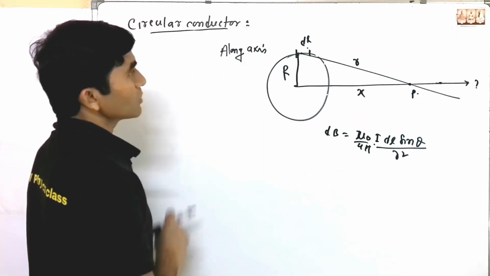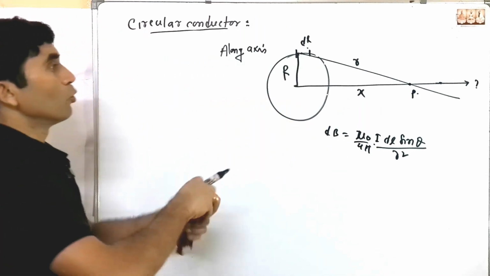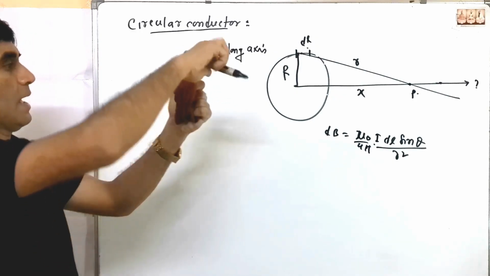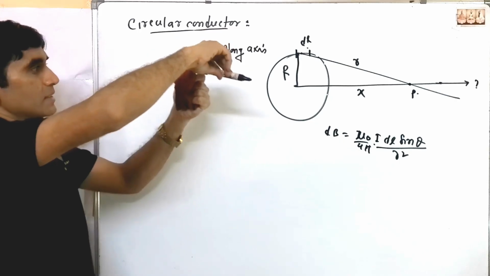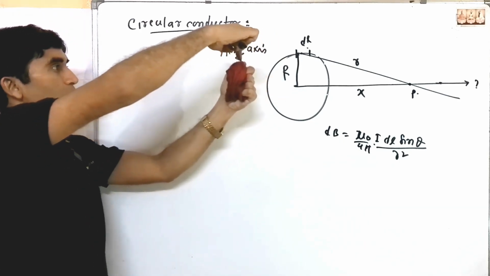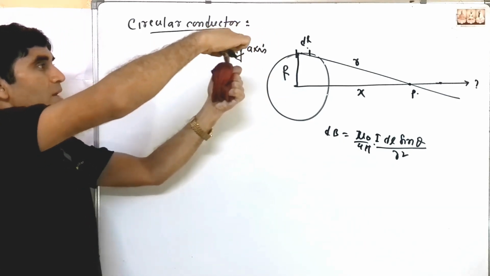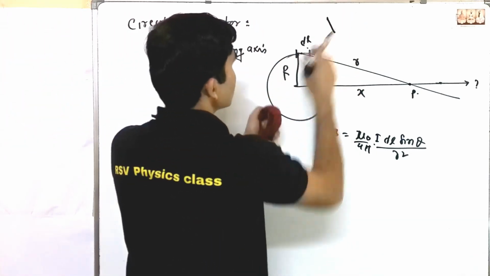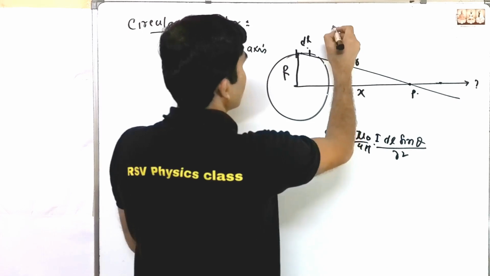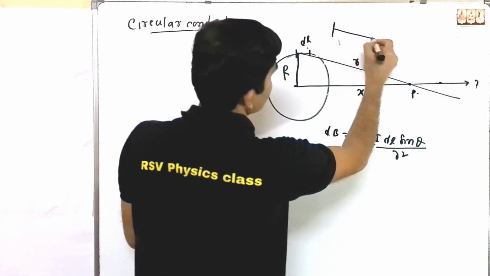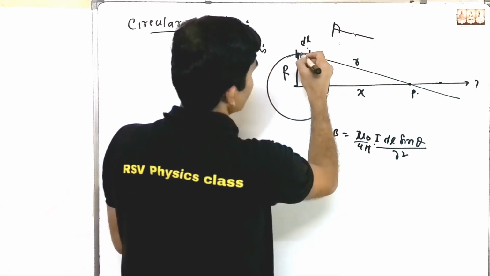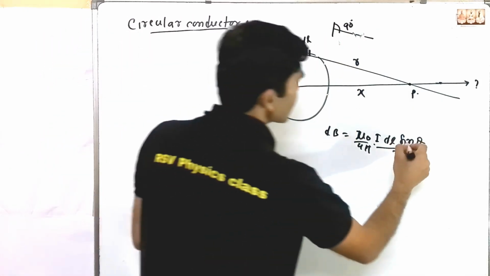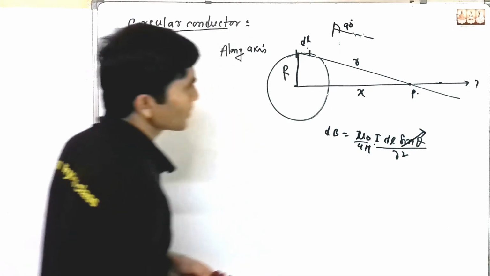Now theta. Considering the loop here, you are putting a loop here and calculating the magnetic field on the axis just like this. If your dl is here and you take this distance, this angle will be 90 degrees, so sin theta will be 1.